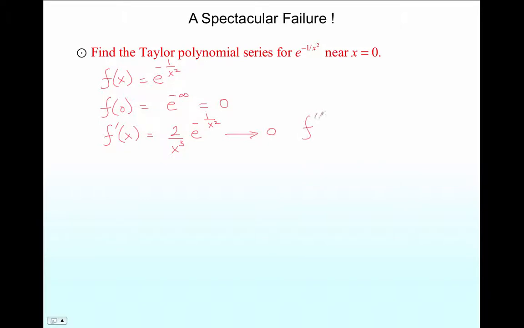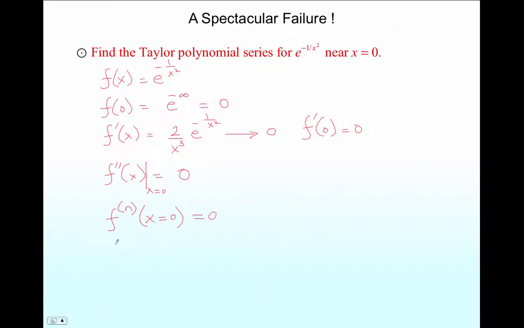So f prime of 0 is 0. If you now take the second derivative of f, it turns out that at x equal to 0, and I won't do this calculation here, you can do it, this is again 0, and in fact every derivative of this, f^(n), the nth derivative evaluated at x equal to 0, is 0.